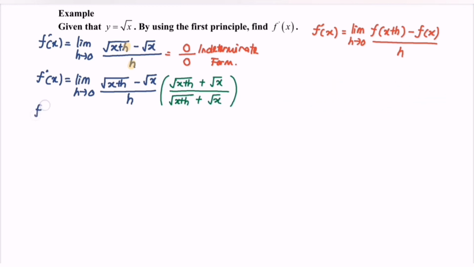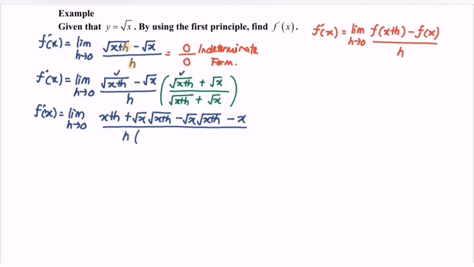So f'(x) is equal to the limit as h approaches 0. If we expand, we will have x + h plus square root of (x + h) times square root of x, minus square root of (x + h) times square root of x, minus x, over h times [square root of (x + h) plus square root of x].